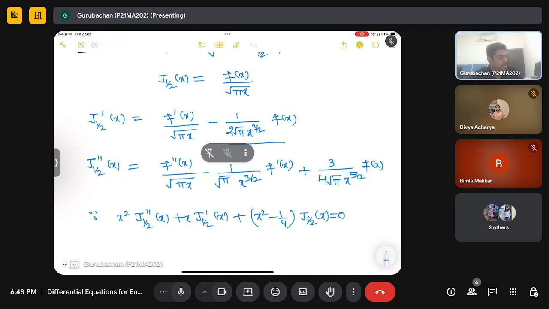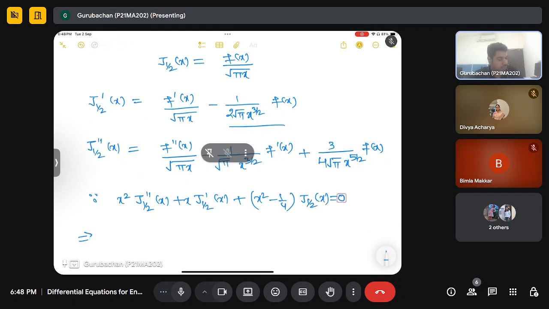If we multiply x square with the first term, skipping one step, x square minus half, this will give us x to the power 3 by 2 divided by root pi f double dash of x.